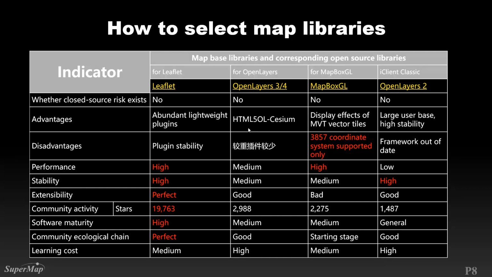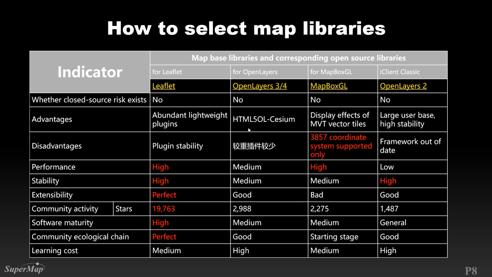Now I will show you the comparison of the 4 products: iClient for OpenLayers, iClient for Leaflet, iClient for Mapbox.gl, and the classic JS library, which are respectively based on OpenLayers 3 or 4, Leaflet, Mapbox.gl, and OpenLayers 2.